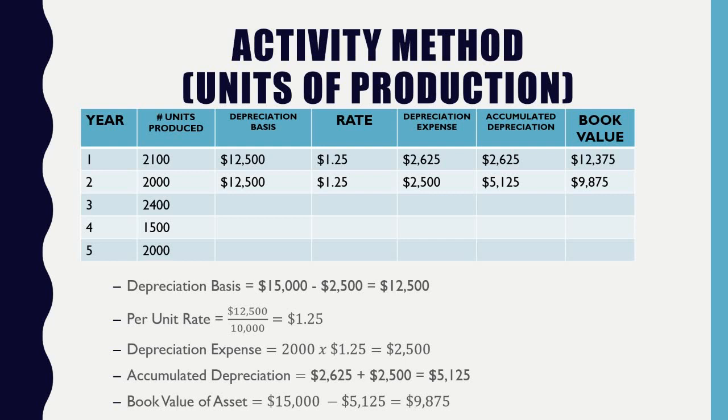For the next year, depreciation basis is the asset cost minus salvage value, which is still going to be 15,000 minus 2,500. However, the only difference is that the depreciation expense itself is determined based on the number of units that you produced that year.